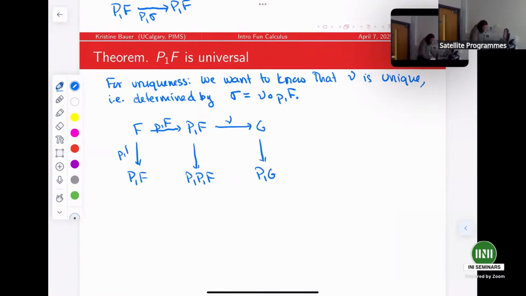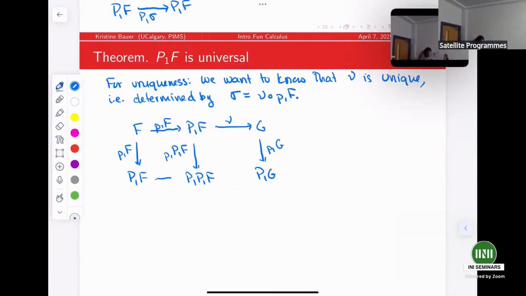This will be little p1F. This is little p1 of P1F. And this is little p1 of G, just like it was before. And I applied a functor, so this is P1 of little p1 of F. And this is P1 new.